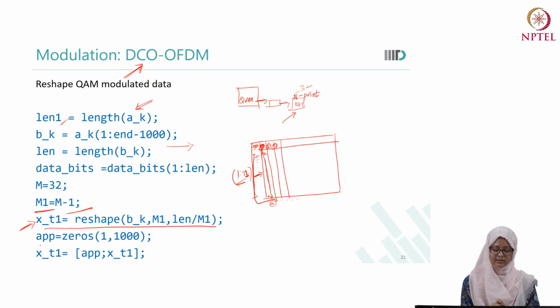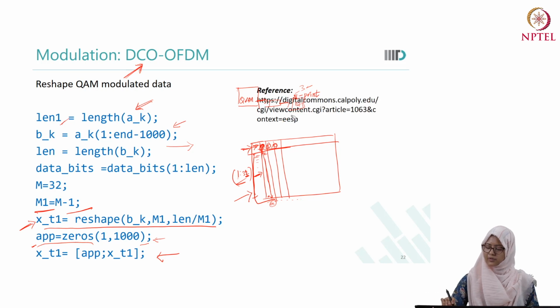And then these zeros are appended here. So at first we are reducing the data from here, and then we are appending data here. And you can see that we have appended the zeros in this reshaped data.